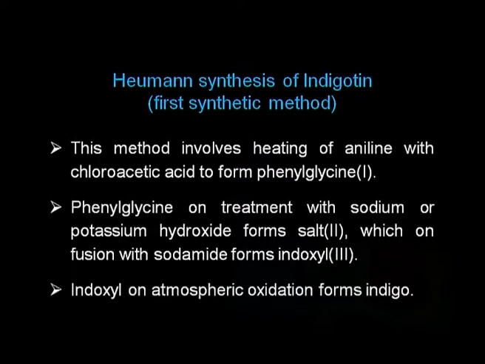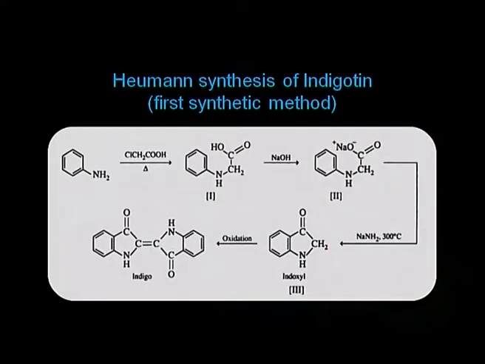Indoxyl on atmospheric oxidation forms indigo. Here you can see that this is aniline reacted with chloroacetic acid followed by treatment with sodium hydroxide to form the sodium salt of this phenyl glycine, which upon fusion with sodamide forms indoxyl and which upon oxidation gives indigo.